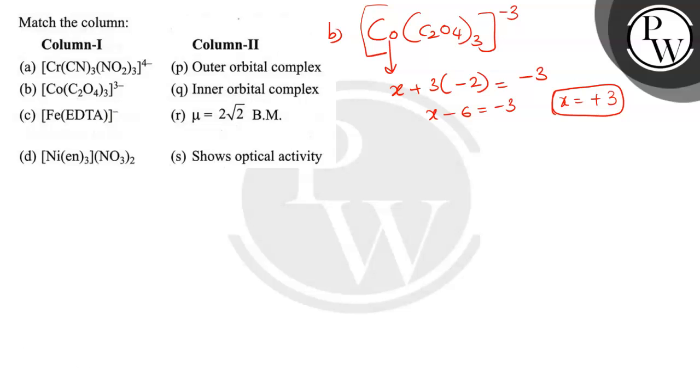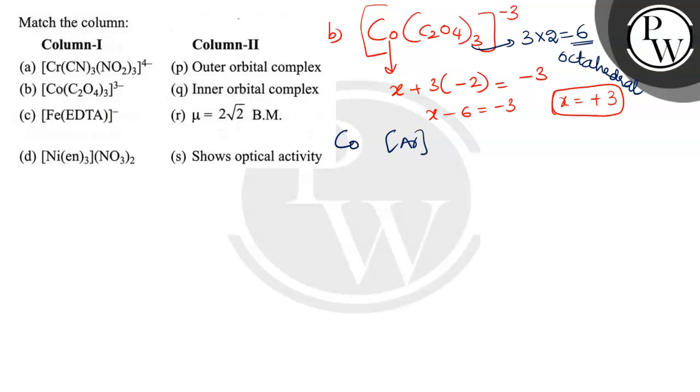And next, this is a bidentate ligand and each one forms 2 coordinate covalent bonds. Total coordinate covalent bonds are 6. As it is coordination number 6, it is an octahedral complex. So octahedral complex means either it undergoes sp3d2 or d2sp3 depending on the availability of the orbitals. Okay, let us check. Cobalt atomic number is 27.